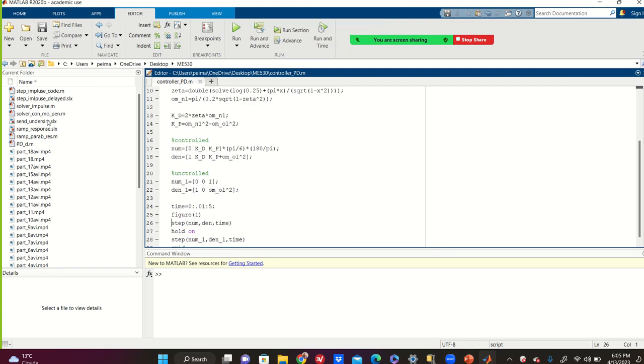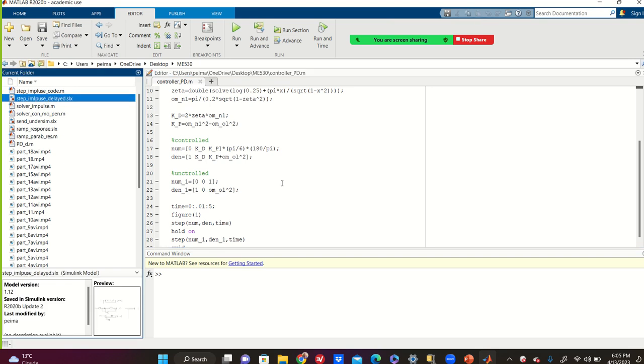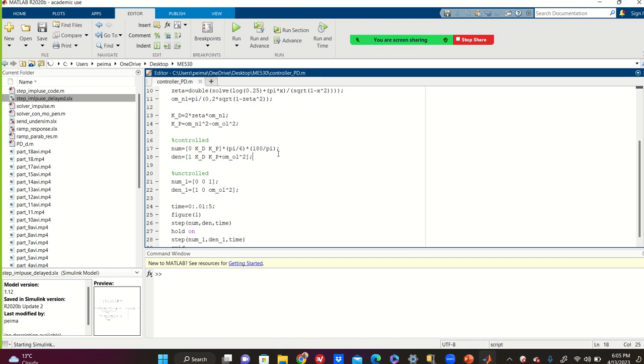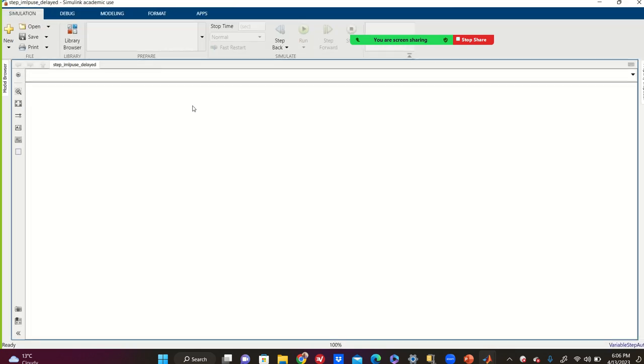Now let us say step, impulse, delayed. Yeah. Let me go to the Simulink.